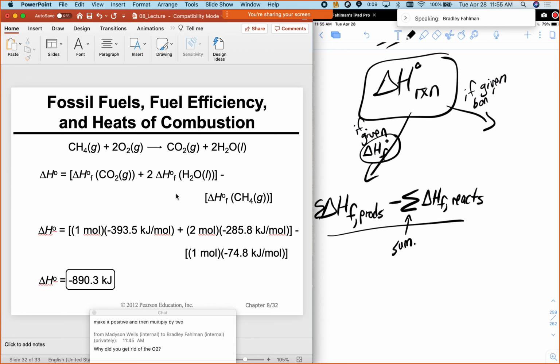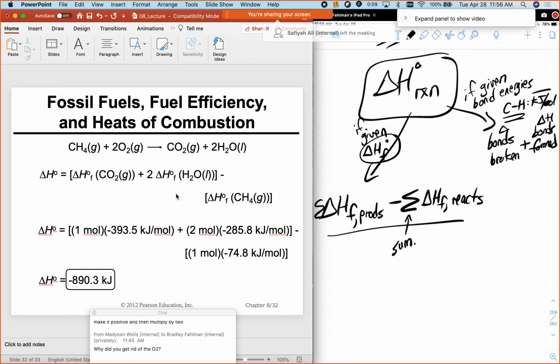Or if you're given individual bond energies or enthalpies, and that's easy to spot: if you're given like the C-H bond is so many kilojoules per mole, then you add up bonds broken and add up bonds formed.